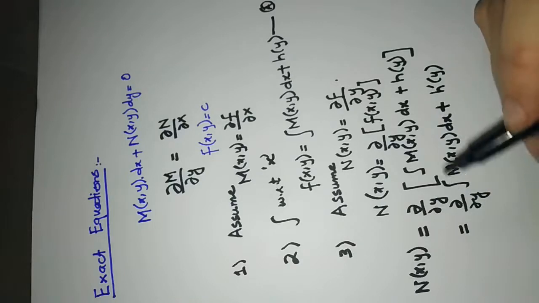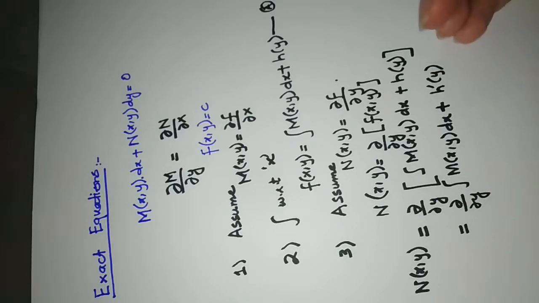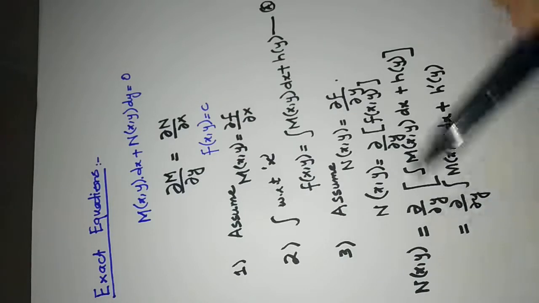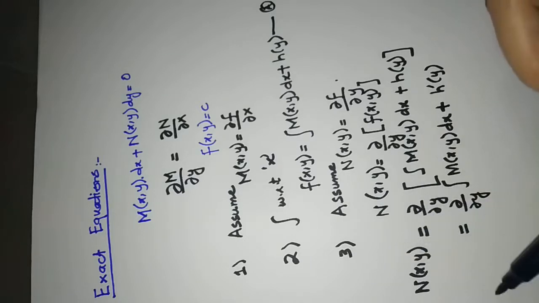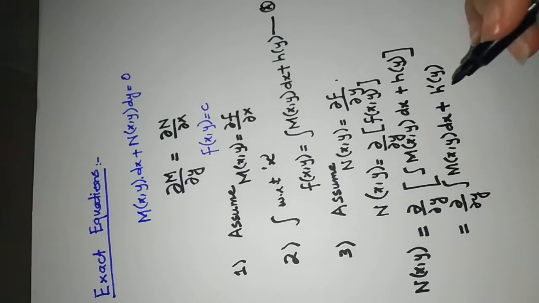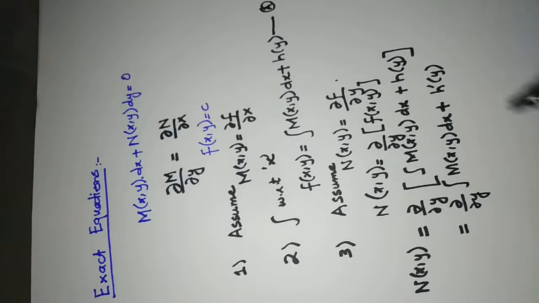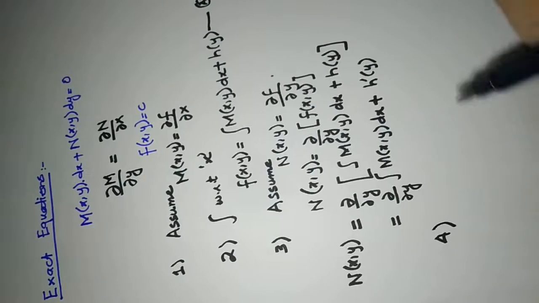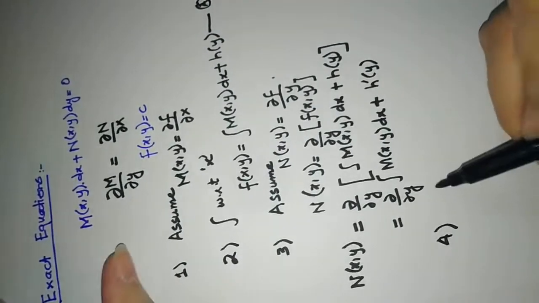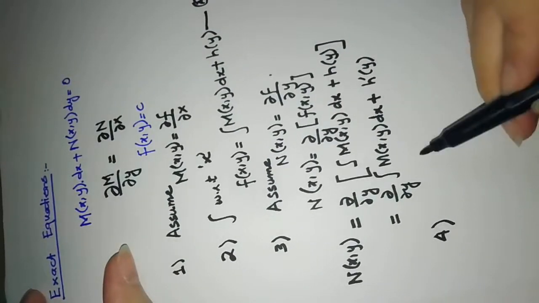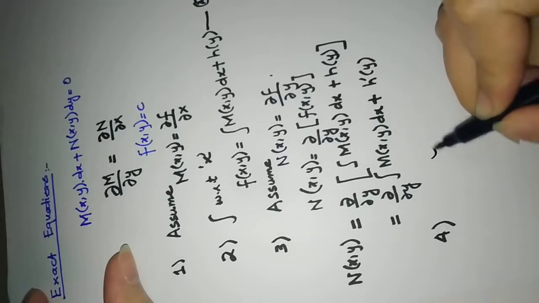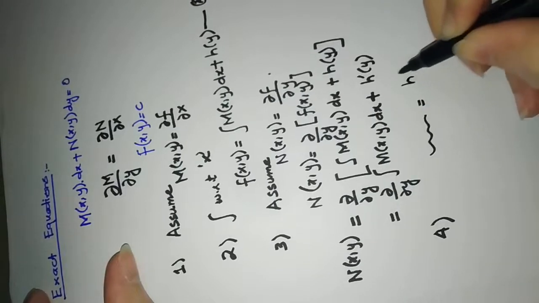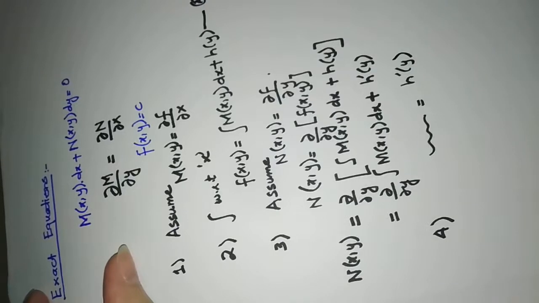Here the partial derivative becomes an ordinary derivative because it is only a function of y. Most of the terms cancel each other on the left and right hand side, and in the last step, step number 4, we are left with only h dash of y.